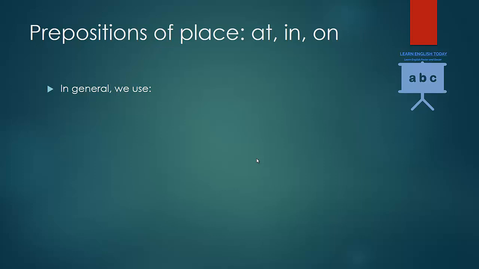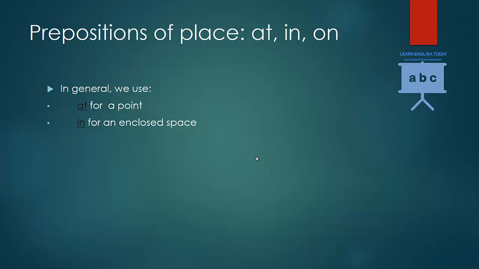The next, so it was all about the prepositions of time. Next we are going to study prepositions of place, at, in, on, and how to use them to show place. In general, we use at for a point, which means a specific, clear place. In is used for an enclosed space, something indoor, closed.